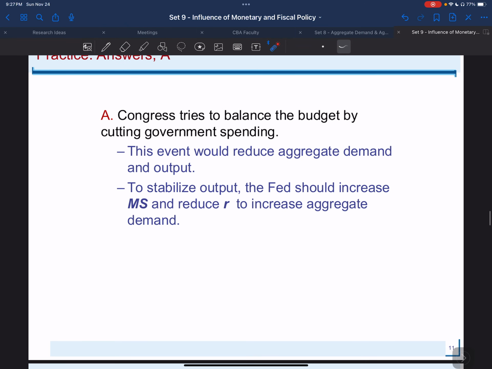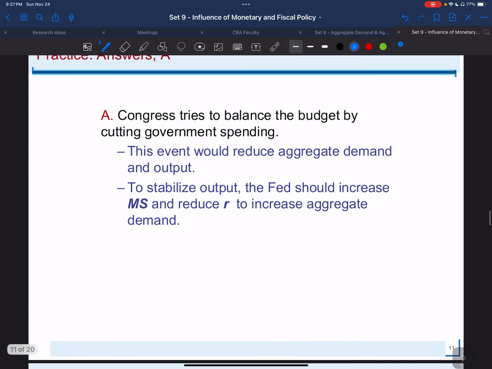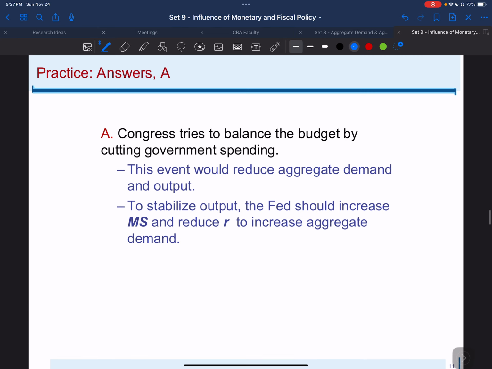So this event would definitely reduce the aggregate demand. Let's look at it on the graph. Okay.